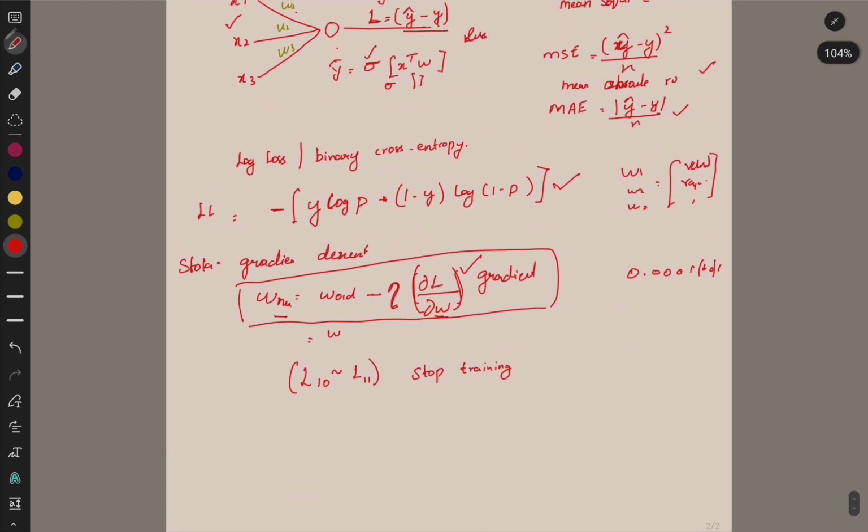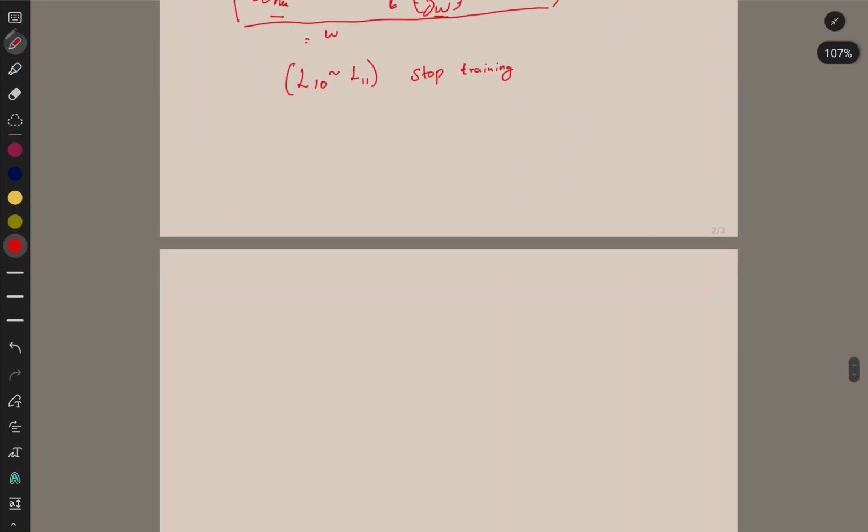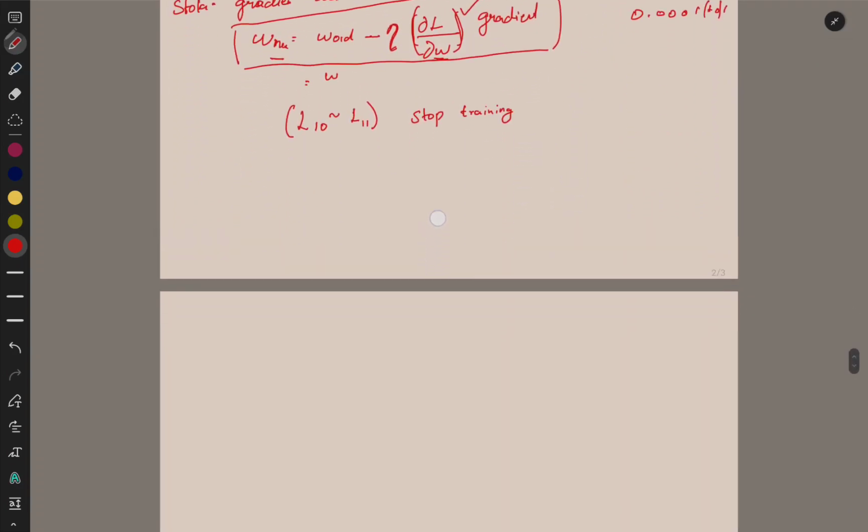Okay, next let's see activation functions. What are activation functions?